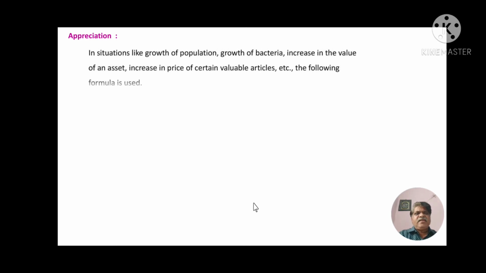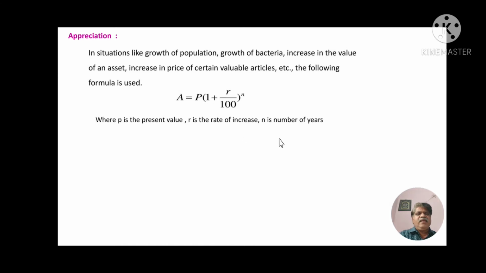In situations like growth of population, growth of bacteria, increase in the value of an asset, or increase in the price of a certain valuable article, the following formula is to be used: A is equal to P into bracket 1 plus R by 100 raised to N, where P is the present value, R is the rate of increase, and N is the number of years.